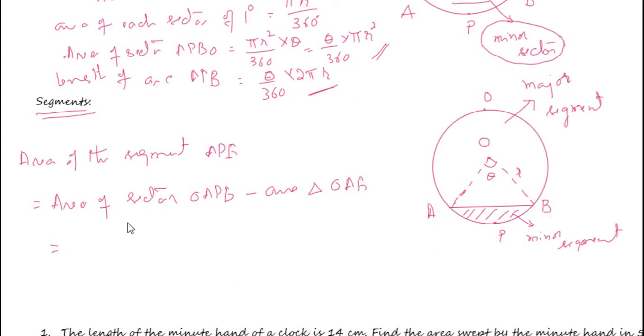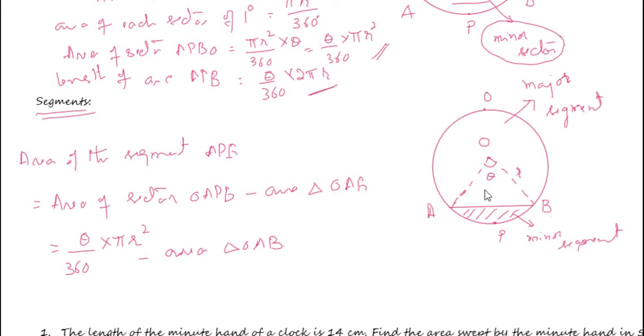We know the area of sector OAPB: if this angle is theta, this area is theta divided by 360 into pi r square, where r is the radius of the circle, minus area of triangle OAB.